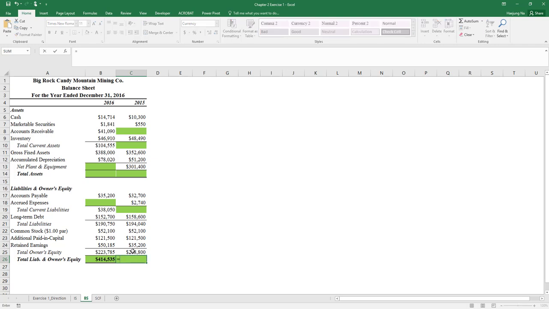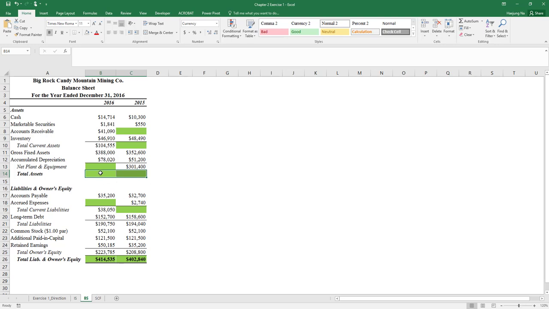It should be the sum of the same items, and you'll have total liabilities and owner's equity, right? You should have the same amount for total assets, to have your balance sheets balance out.